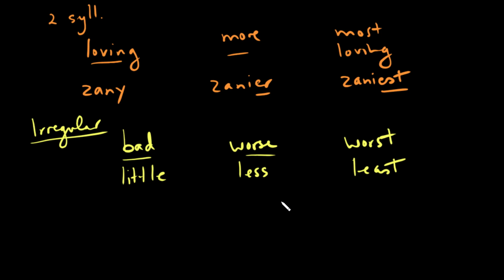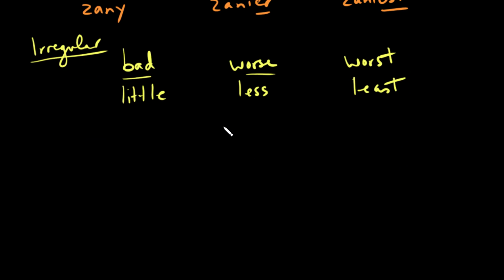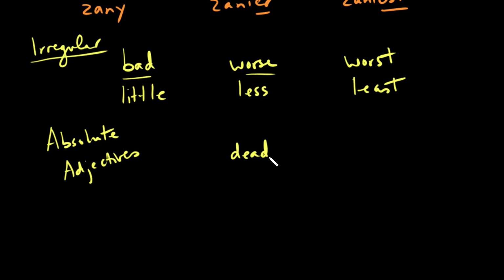And then finally, there are a few adjectives which don't have a comparative form. These are what are called absolute adjectives. There's not too many of these, but it's good to be aware of them. If you take an adjective like dead, for instance, it'd be very difficult to say that somebody is deader or more dead than somebody else.